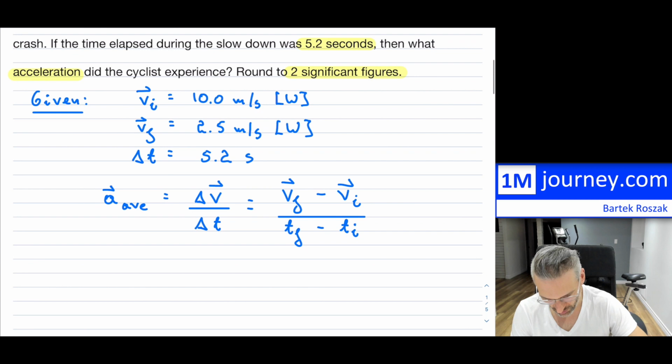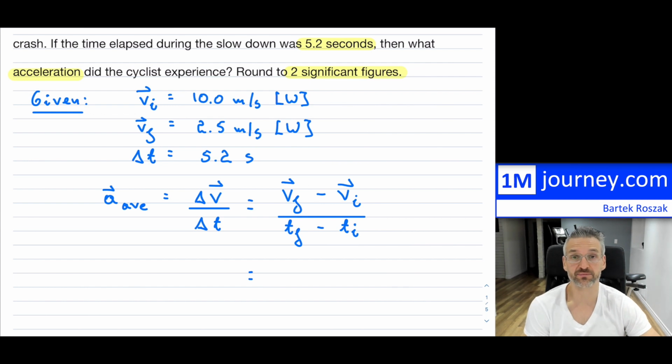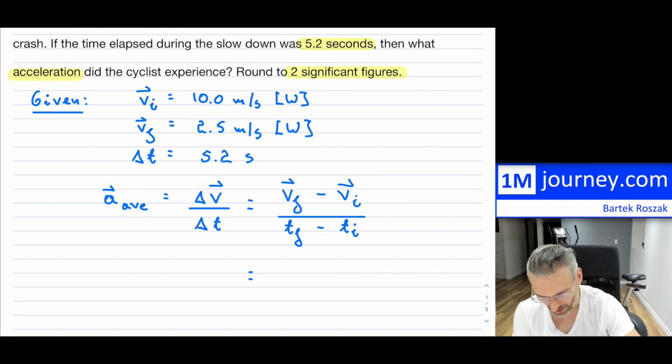If you substitute all of this in, I am going to keep these directions the same. When you're substituting in, make sure the direction is the same, so you can just add or subtract the vectors as needed. For this, we're going to have 2.5 meters per second.